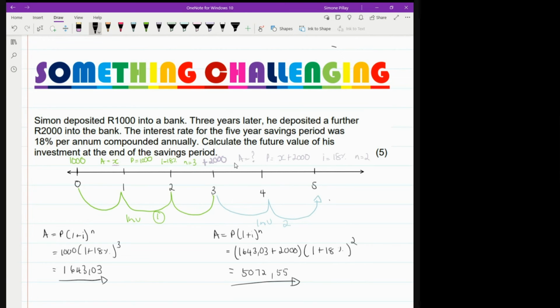Investment 1 was 1,000 rand over 5 years, and then investment 2 would be 2,000 rand, so 2,000 rand would be my p-value alone, and we would calculate the future value of that over 2 years. Then we'd have to add those 2 amounts. So that could be another way that we could have done it. But up until this point, I hope that it's making sense. I'm not seeing questions, so I'm going to move on.